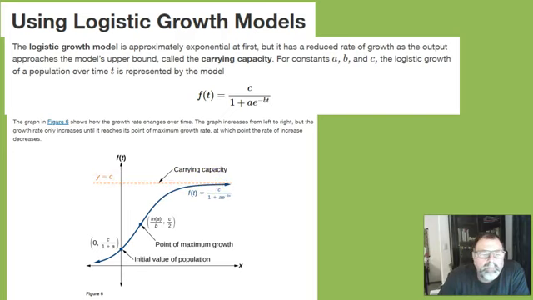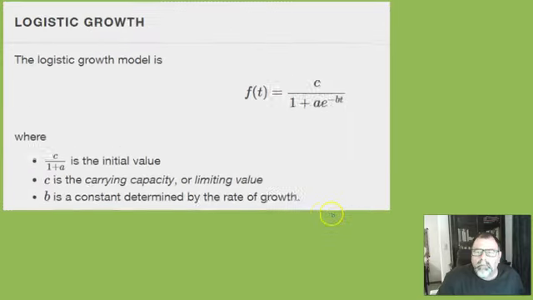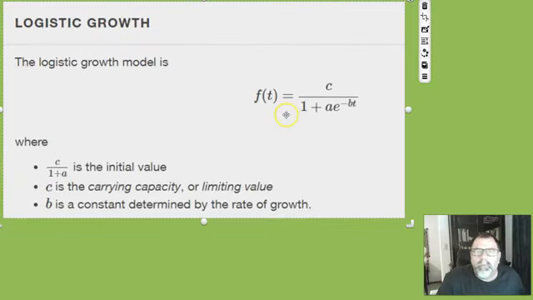All right, so here's the growth model again. C over 1 plus a is the initial value. Because if you put in time as 0, e to the 0 is 1, so this whole part goes away and it'll be c over 1 plus a. So you can figure that out.